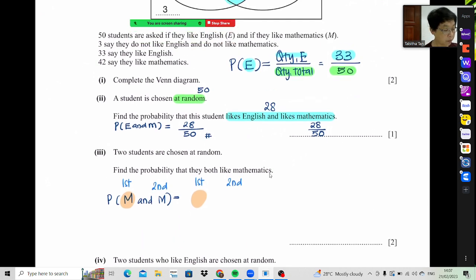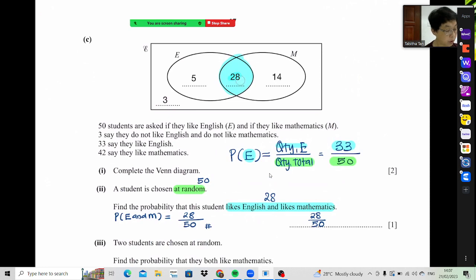The group that we are interested in will be this group. Between all together, how many of them? Total maths students here will be 28 and 14. So total maths students 28 and 14. You add up, this is 42.